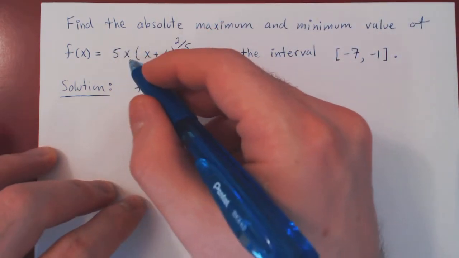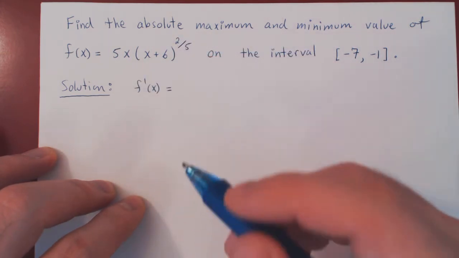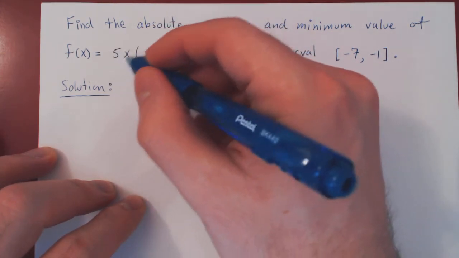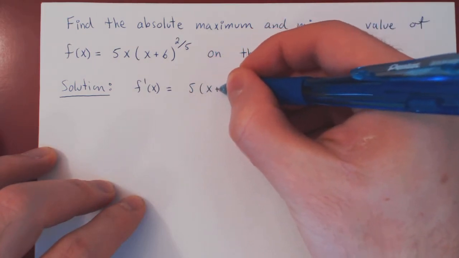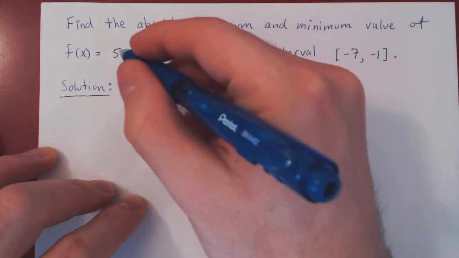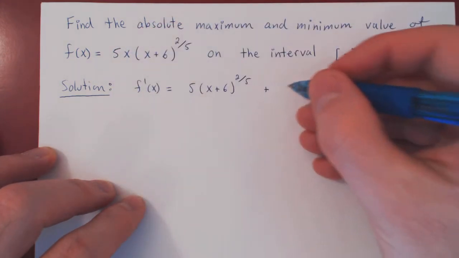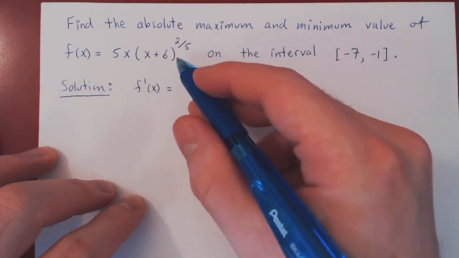Well, the function is 5x times (x plus 6) to the 2 over 5, so here we can use the product rule. Derivative of the first function, which is 5, times the second function, plus, now we change the rule, the first function, 5x, times the derivative of the second function.